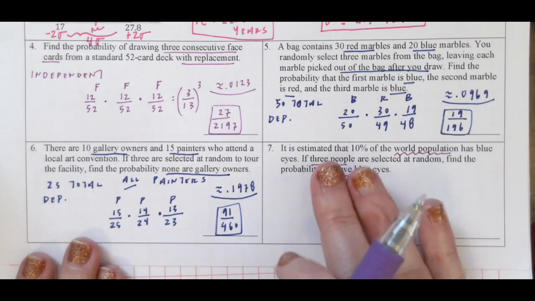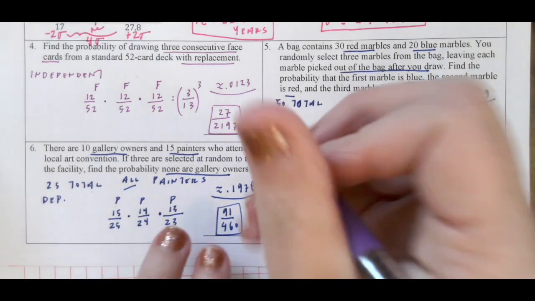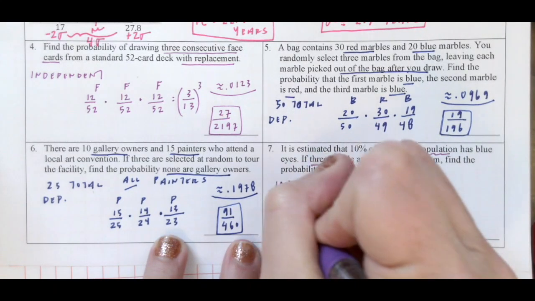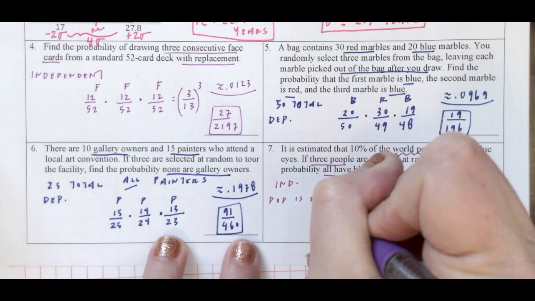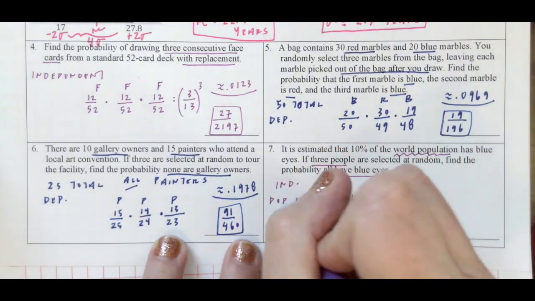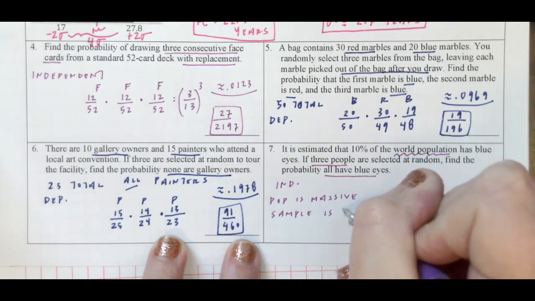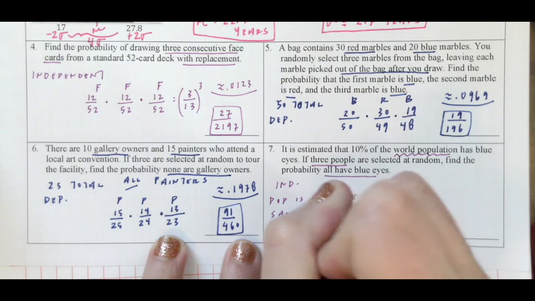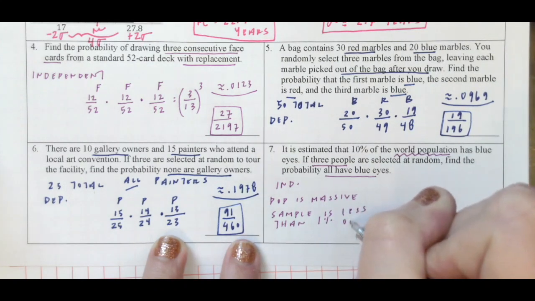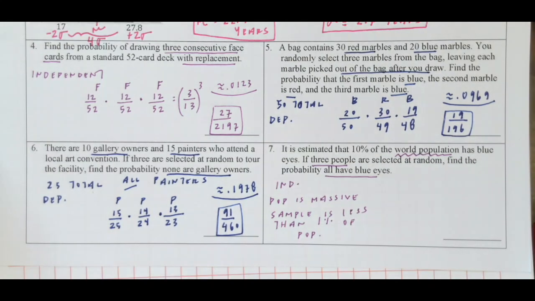So if I'm picking 3 people out of that massive of a population, it stays independent, right? Because the population is massive, our sample size is way less than 1% of the larger population. So that's what keeps this independent.